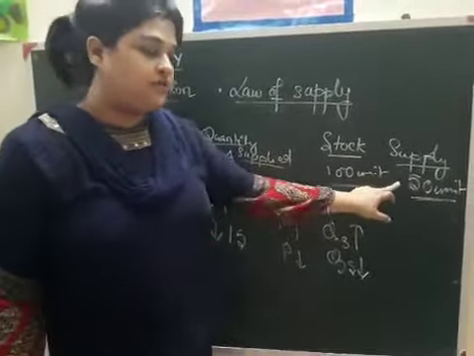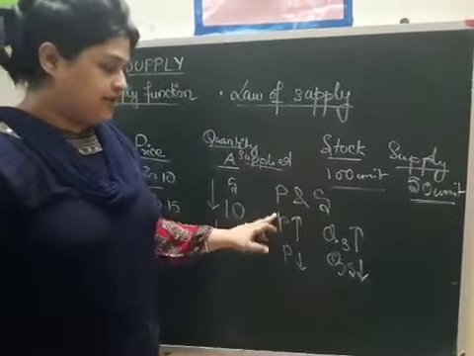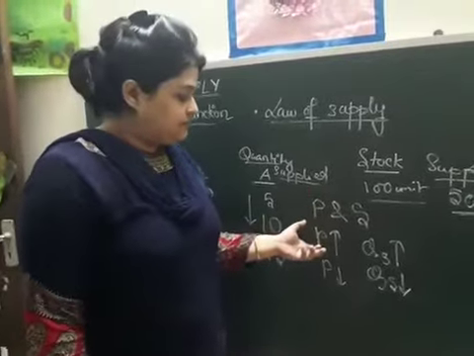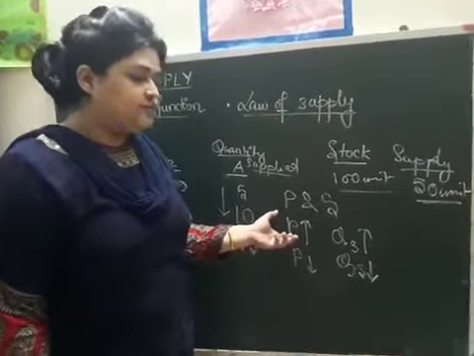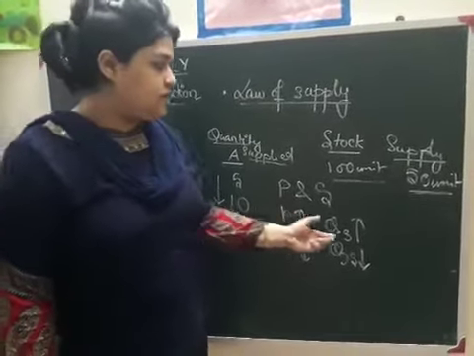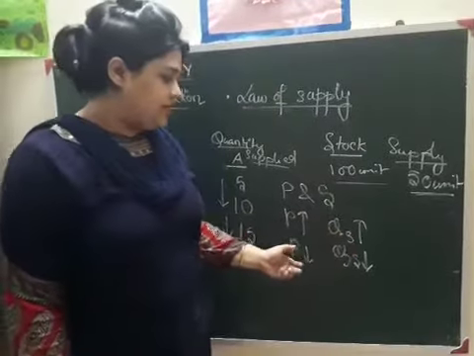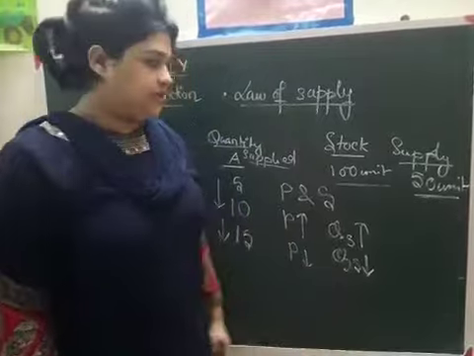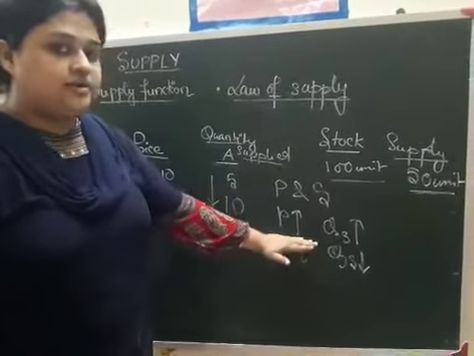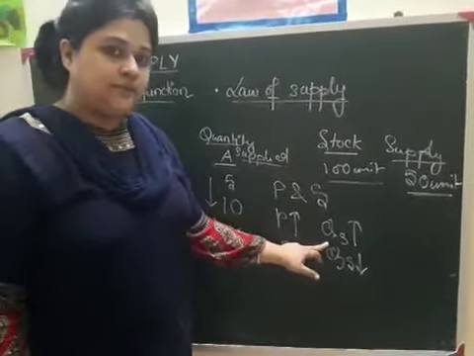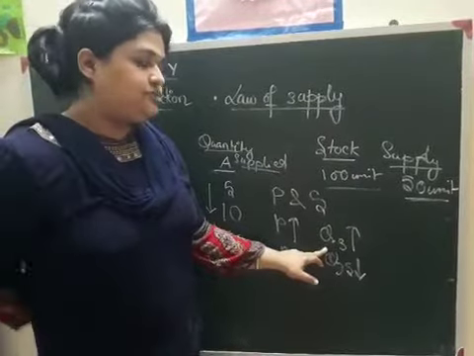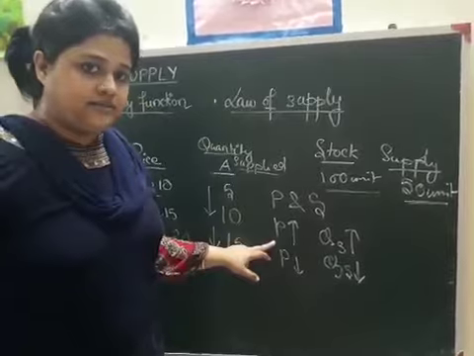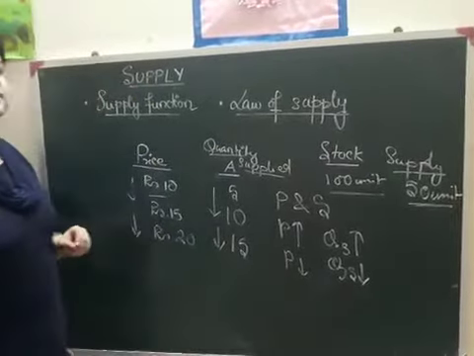And supply depends on what? It depends on price. If the price increases, the producers feel that there is a chance of increasing their profit margin, so they will supply more quantity, and if the price decreases, they will be supplying less quantity. Now from here we understood that quantity supplied, or how much the producers are willing to supply in the market, depends on price. So there is a dependency relationship.